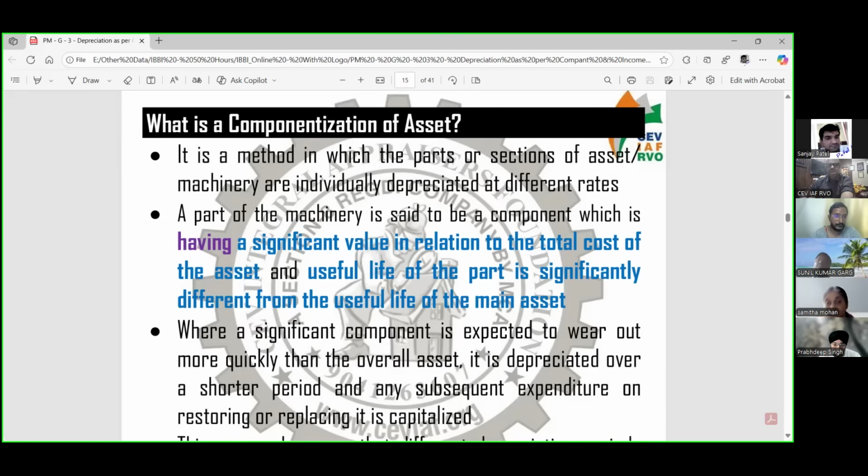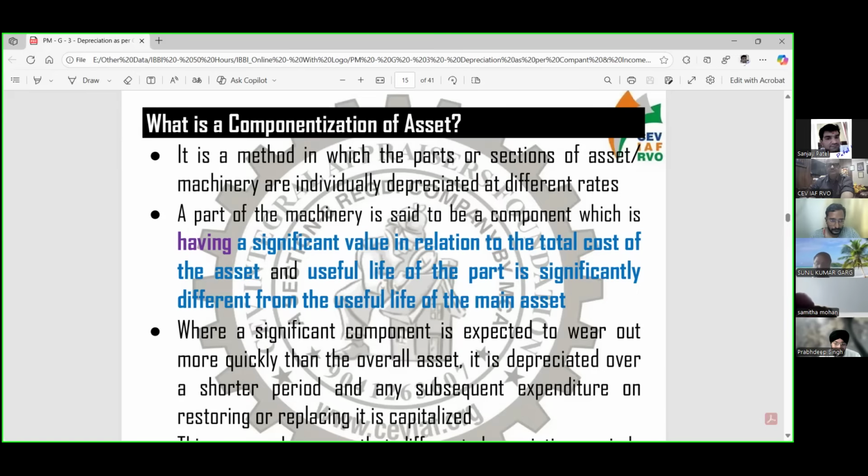Meaning, if you purchase any asset, instead of putting the total amount that you have paid, you have to break down this amount into its components. But it is too difficult for various types of machinery. That is why this exercise became a failure.